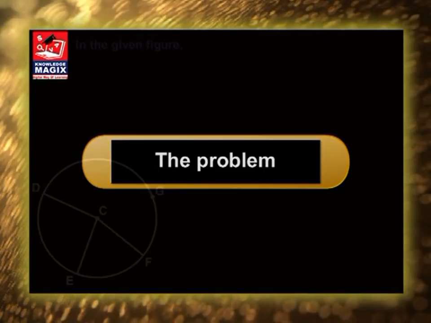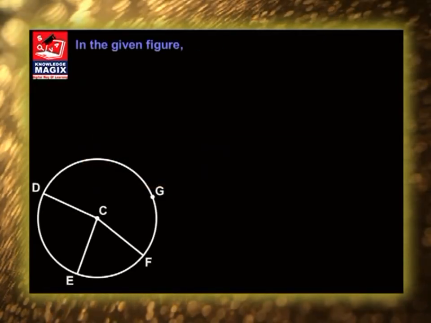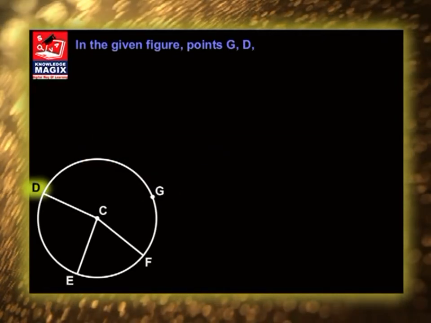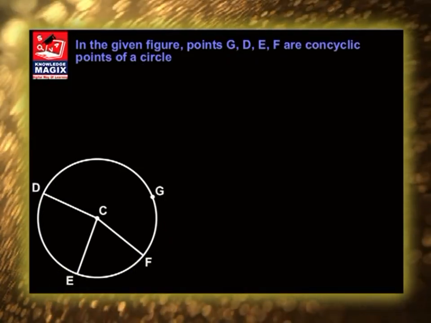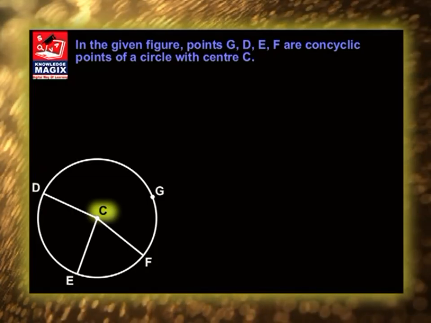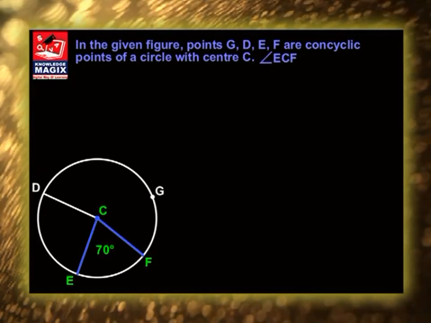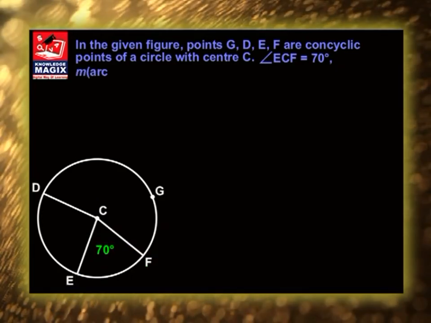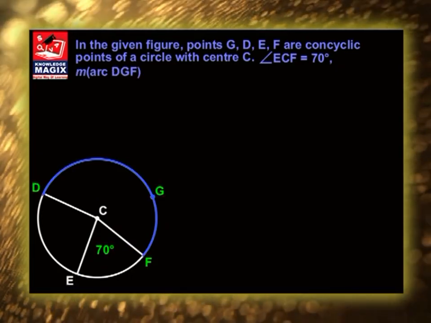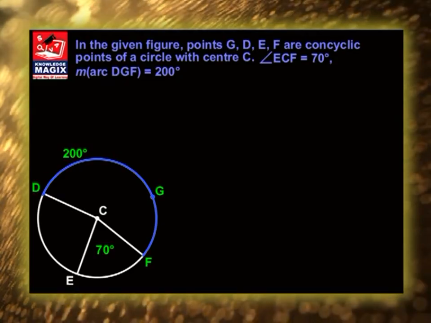The problem. In the given figure, points G, D, E, F are concyclic points of a circle with center C. Angle ECF is equal to 70 degrees. Measure arc DGF is equal to 200 degrees.